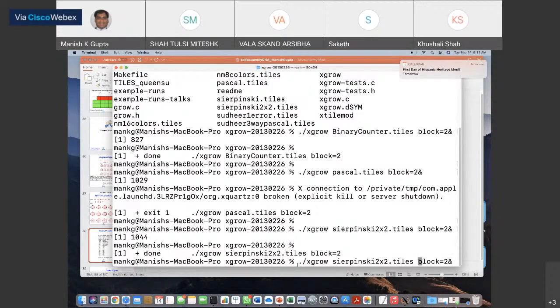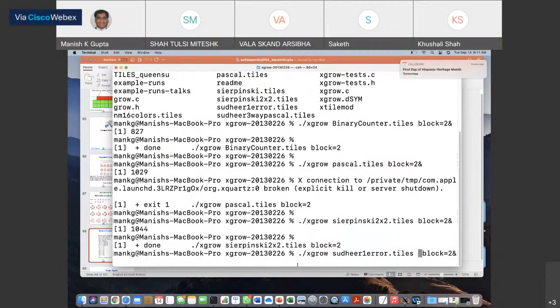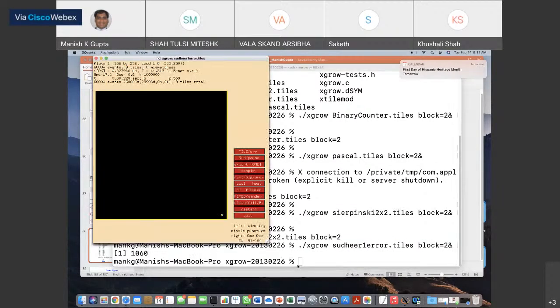Now this time, since this was invented by Sudhir, you see that the binary counter tile set I have simulated for you. You can see that the growth is pretty smooth.